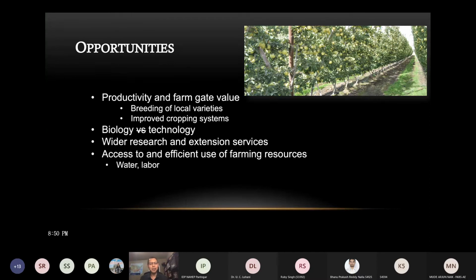I think now we need to combine biology and technology and develop solutions in an integrated and systematic way so that we can deal with these complex systems from multiple perspectives, with multiple expertise coming together. Wider research and extension services, and access to and efficient use of farming resources such as water and labor.